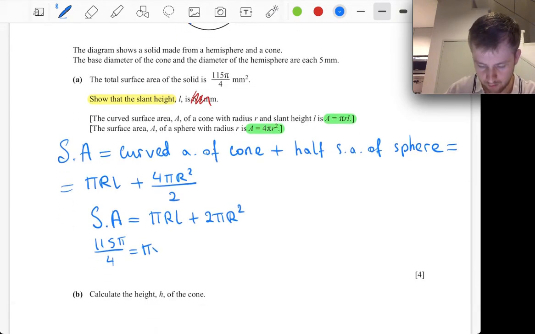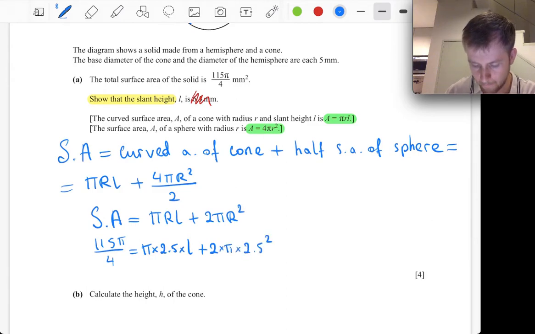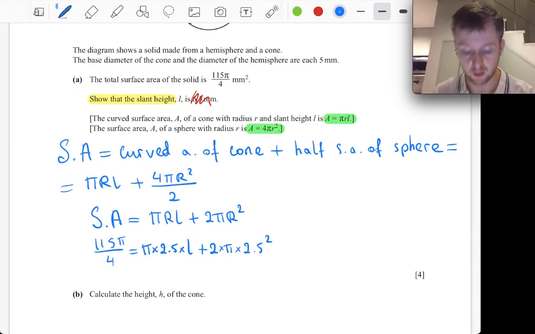So pi times 2.5 times L plus 2 times pi times, again, 2.5 squared, right? So we are looking for L. That's it. Okay, let's do it.